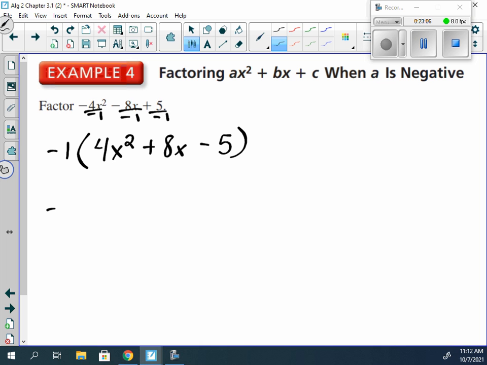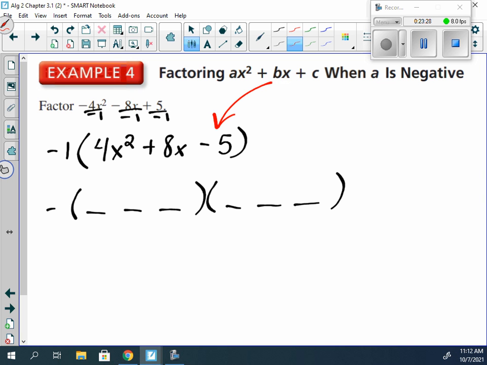Now, as we already said, there is no greatest common factors besides the negative 1, so we can move on to the 2 sets of parentheses. And I dropped the 1 because it's understood. Since the negative is out front, it is negative 1. And we can move on to the next part.